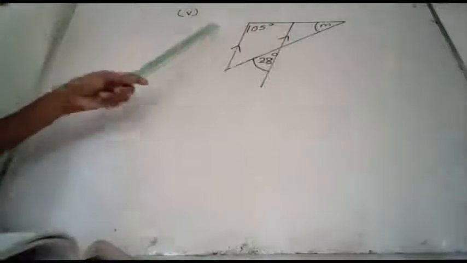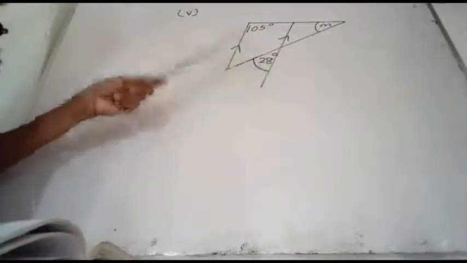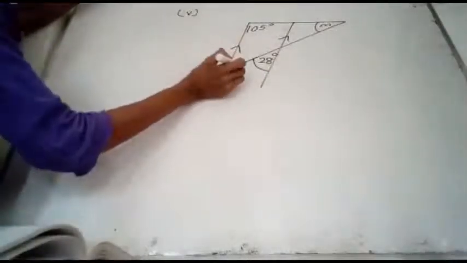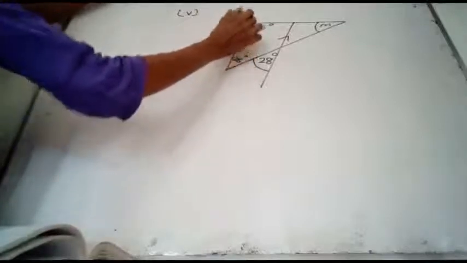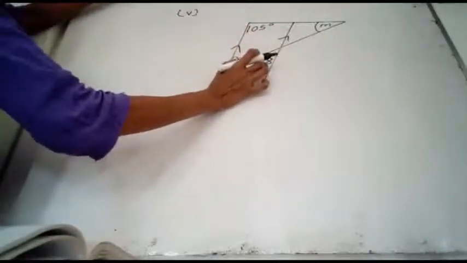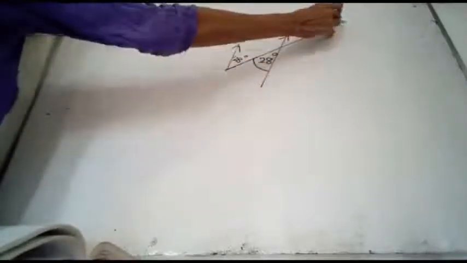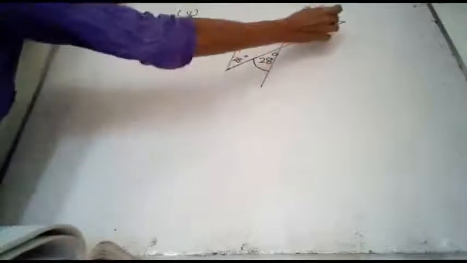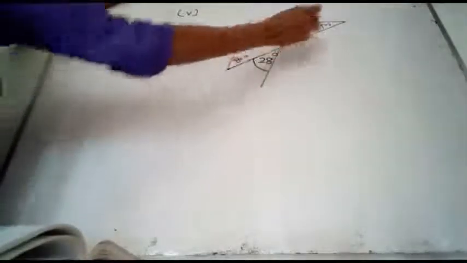Now these two straight line segments are parallel. Then this angle is equal to 28 degrees because this angle and this angle are alternate angles. Then this is a triangle. The sum of the three interior angles of a triangle is equal to 180 degrees.